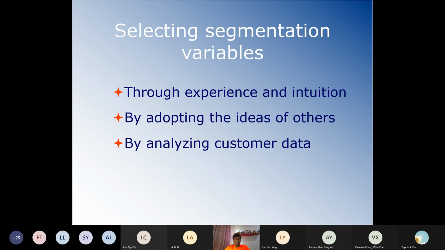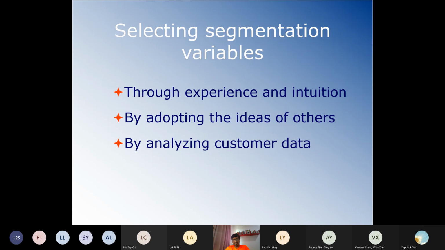So, having said that, market segmentation involves the variables which are used to divide the market of buyers into similar groups, or make the group into subgroups, you can call it. While doing that, the marketers will usually use some characteristics of the people to examine and segment them using the similarities of the chosen characteristics, and that could be done through experience and intuition.